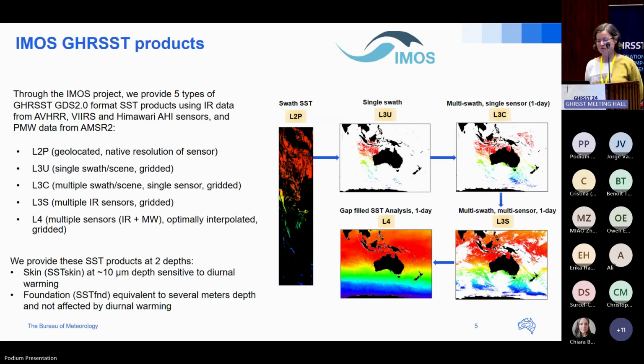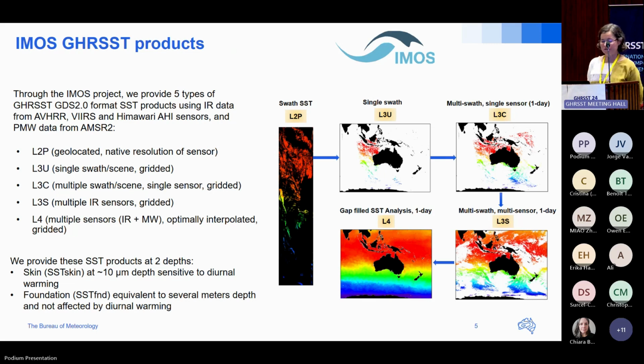So what are the IMOS GHRSST products? Through the IMOS project funding, the Bureau of Meteorology provides a range of high resolution level 2 geolocated products. Level 3 L3U single swath or scene gridded products.